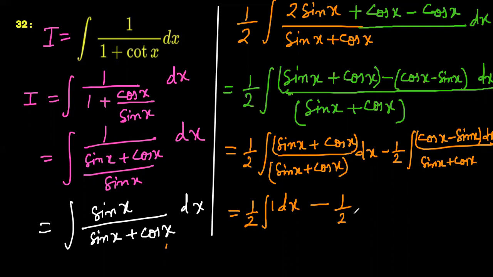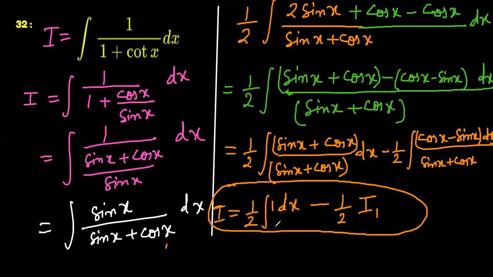Let's say this integral is I1. Now my integral I is equal to half times the integral of 1 dx minus half I1. Please note this equation. Now we are going to solve this I1.